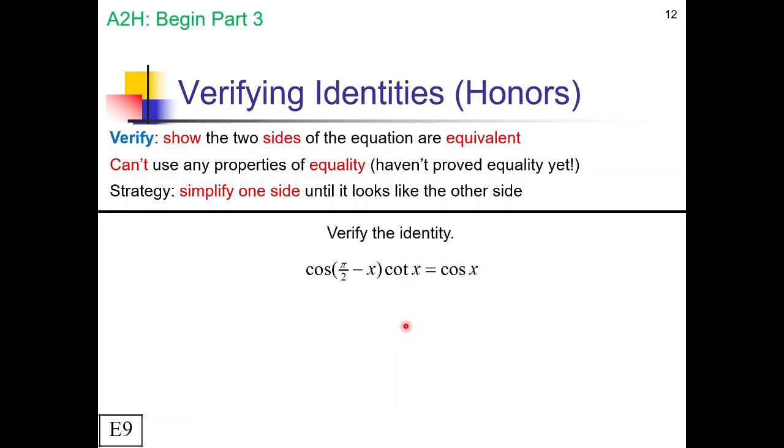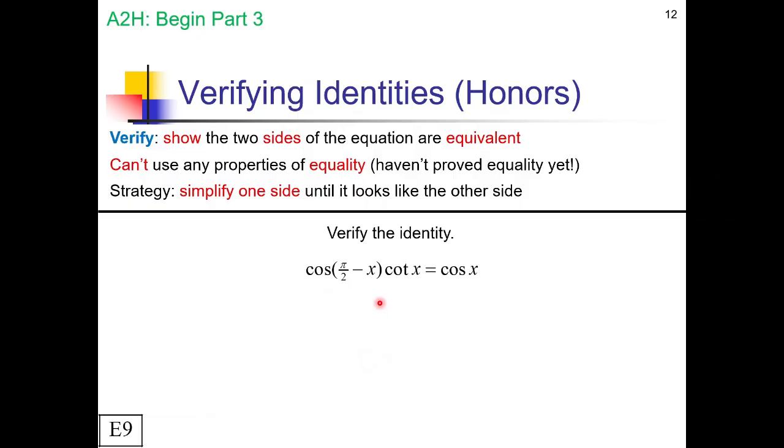Typically, it's going to be a lot more efficient and easier if you just pick one side to work on and stick with that one side. And if you're wondering which side to work on, it's usually easier to simplify than unsimplify something. So I would pick the side that looks less simple and keep at it until it looks like the side that's more simple. So with that in mind, pause the video and see if you can get one of these sides to look like the other side by working only with one side.